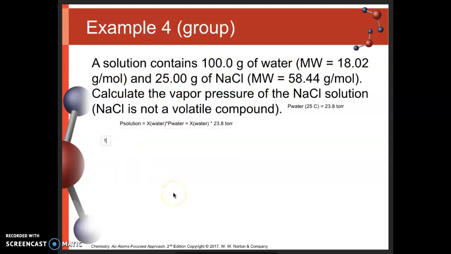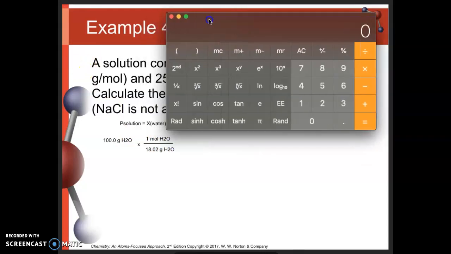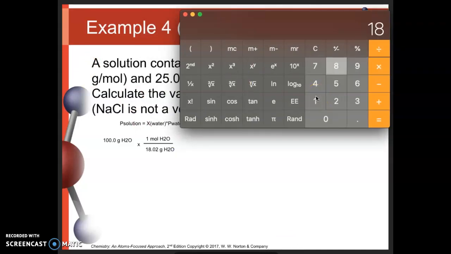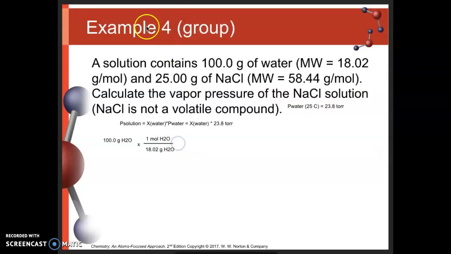Pretty easy conversions here. 100 grams of water, with a molar mass of 18.02 grams of water for every mole of water. 100 divided by 18.02 gives 5.549 moles of water.